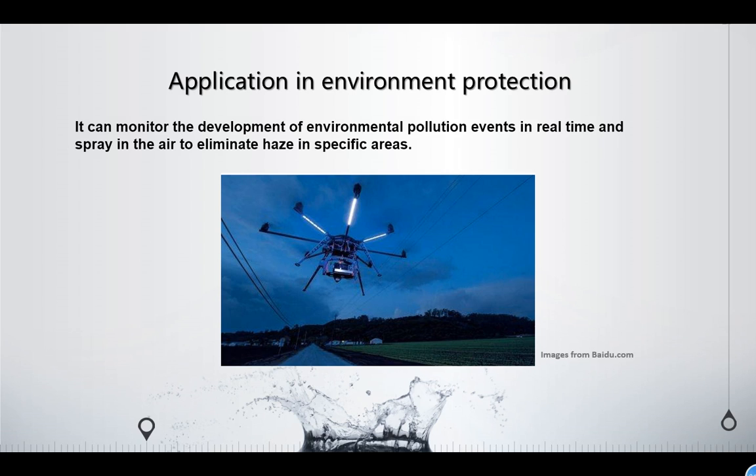quickly track and monitor the development of sudden environmental pollution events in real time. In addition, a UAV with catalyst and meteorological observation is used to spray in the air to eliminate haze in a certain area. The UAV carries out aerial photography with strong persistence.